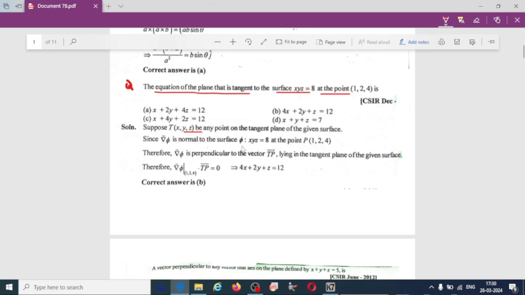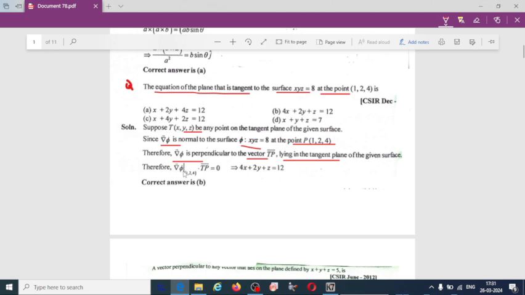They have given the surface, just note that down as phi. You should take the gradient of phi, that is normal to the surface at the point (1, 2, 4). So here gradient phi is perpendicular to the plane. Let us take t as xyz and p they have given lying in the tangent plane of the given surface.